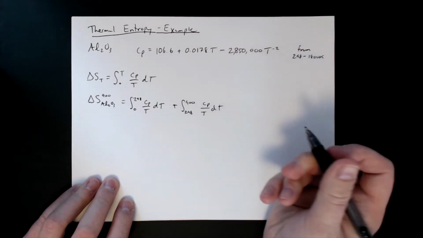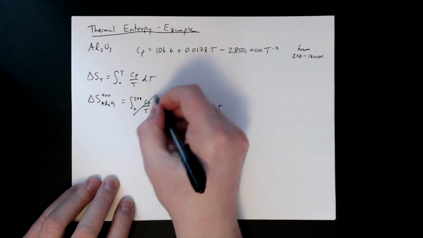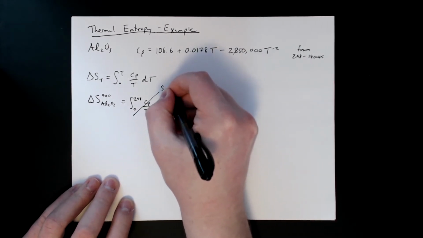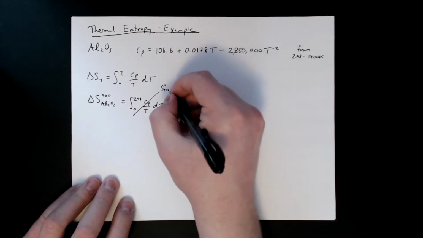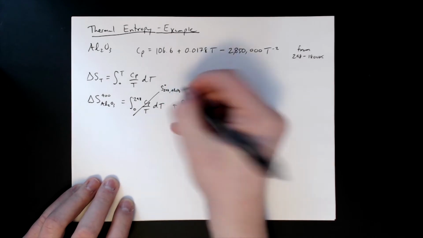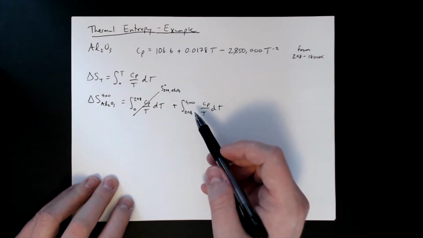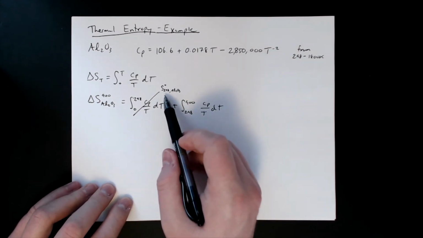And the reason I did it this way is because this integral right here, from 0 to 298, is equal to the standard state entropy of formation for Al2O3. So this is what was in the slides as well, this entropy value for Al2O3 at its standard state.